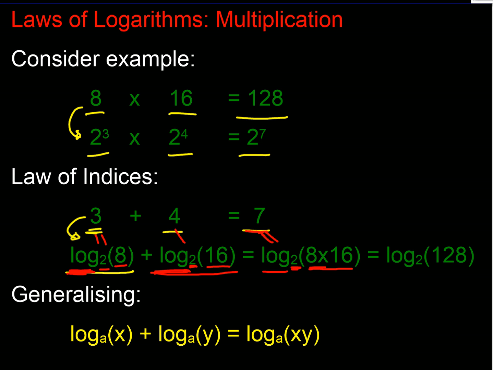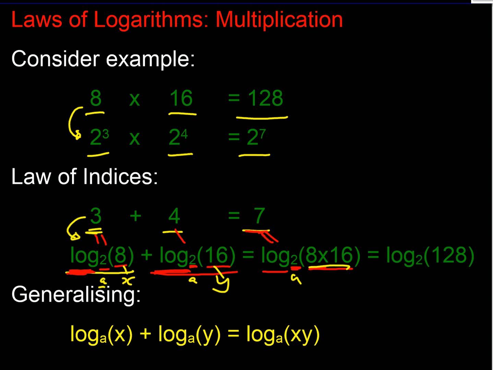So if we now substituted an a rather than 2, we could do that throughout, because this could have been all powers of 3 or powers of 4, and it still worked. So we can generalize that to the base being a. In place of the first value I'm going to put the number x, and in place of the 16 I'm going to put the number y.